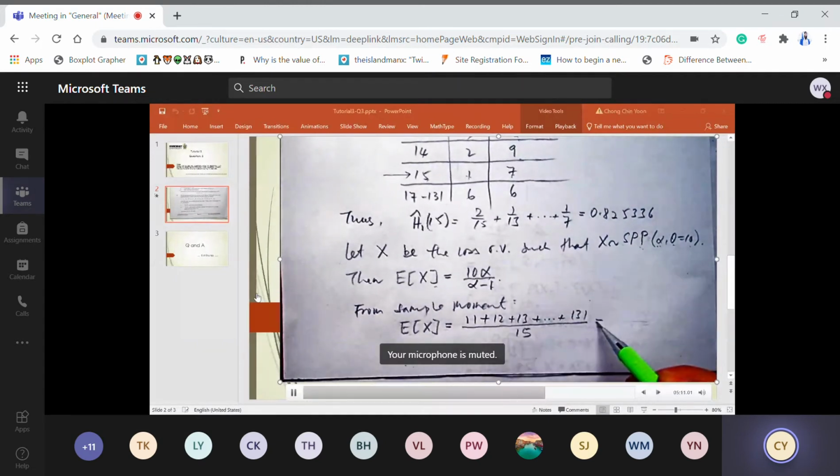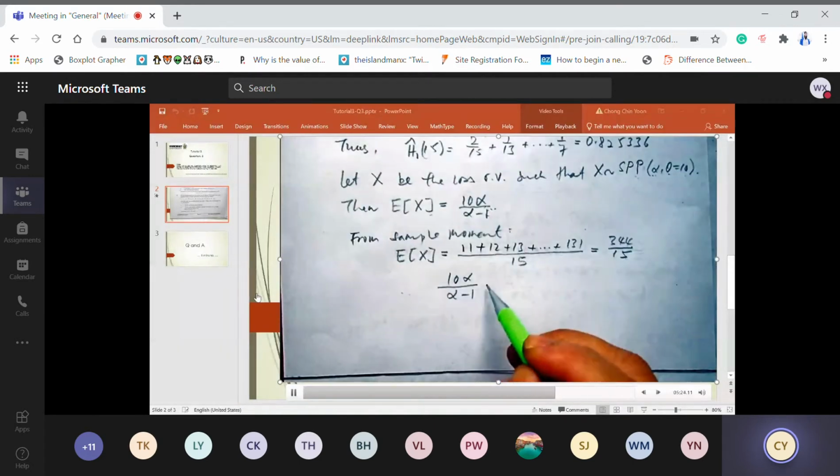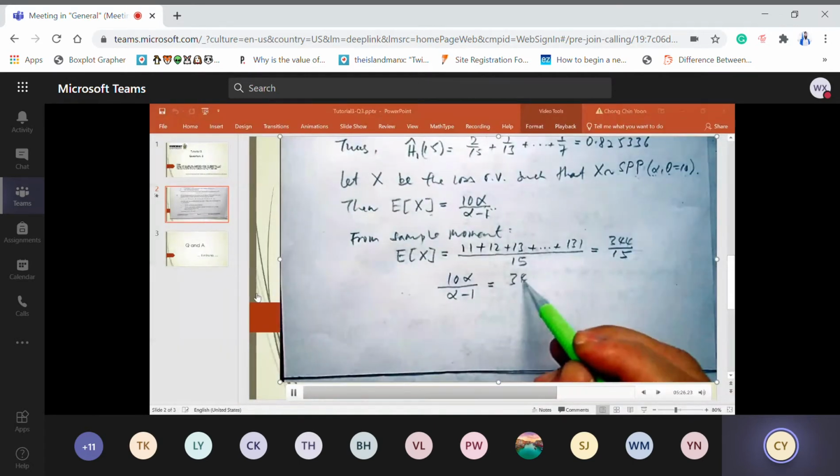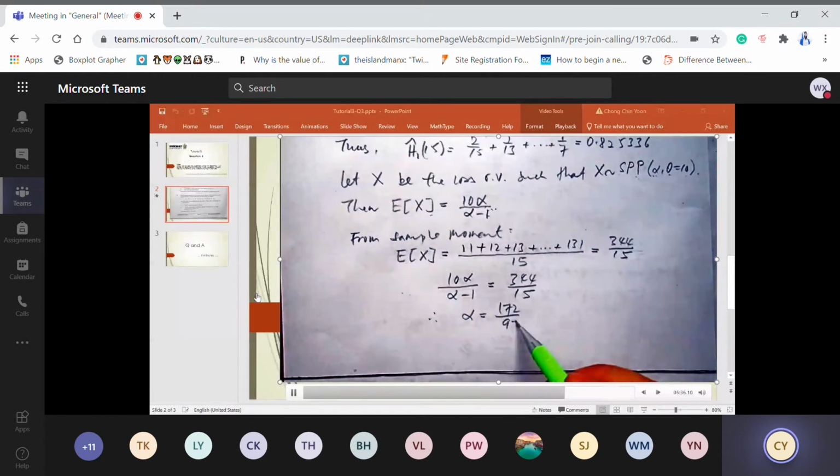So we will have 344 divided by 15. Then we will have 10 alpha divided by alpha minus 1, which equals 344 divided by 15. Therefore, alpha is equal to 172 divided by 97.